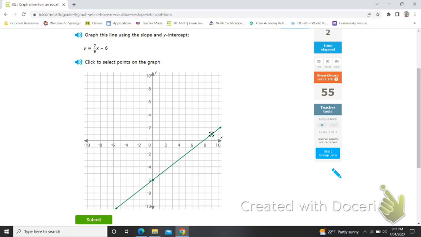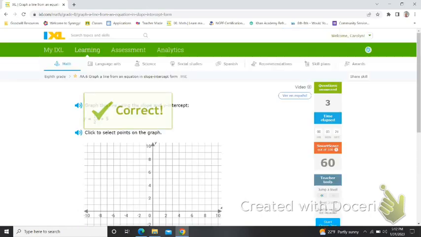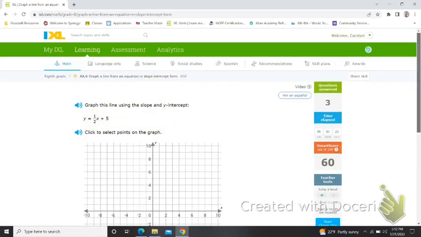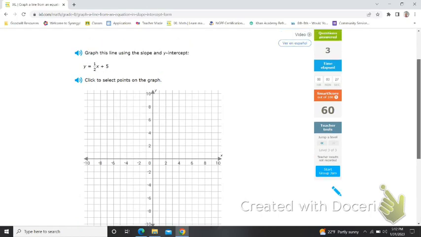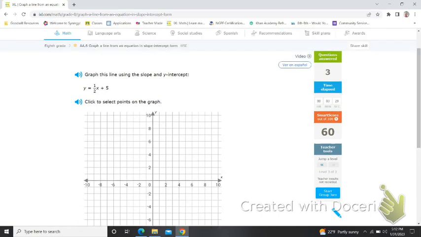I knew that over 9 would be on top of where 9 is on the x-axis. Notice my slope is positive. It's 7 over 9. That's a positive, and it is going up from left to right. So that's what the first lesson is like. Again, you can watch a little video here on IXL also.